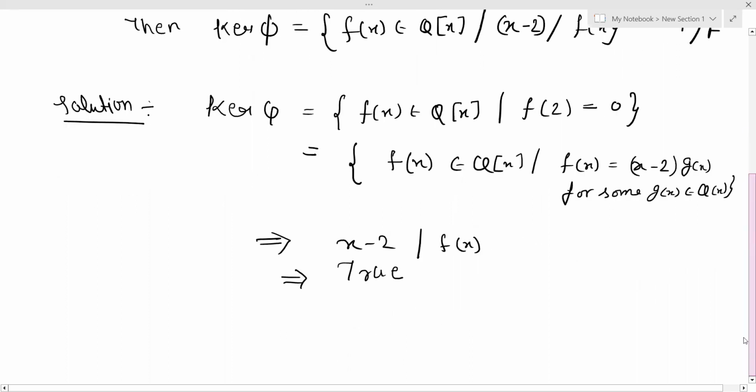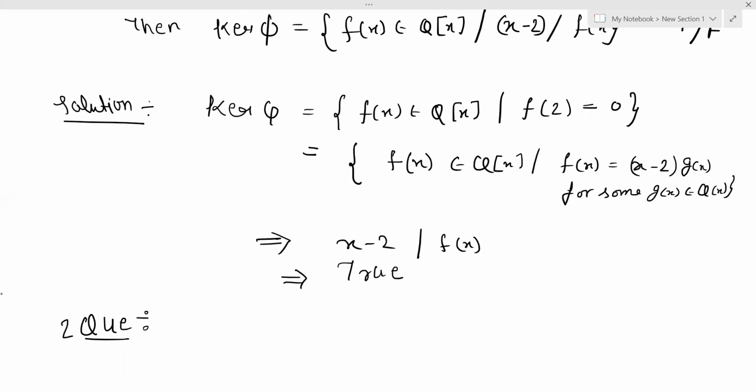So the next question of the practice assignment, the second question: let Z denote the ring of integers. Determine which of the following are ideals in the polynomial ring Z[x].